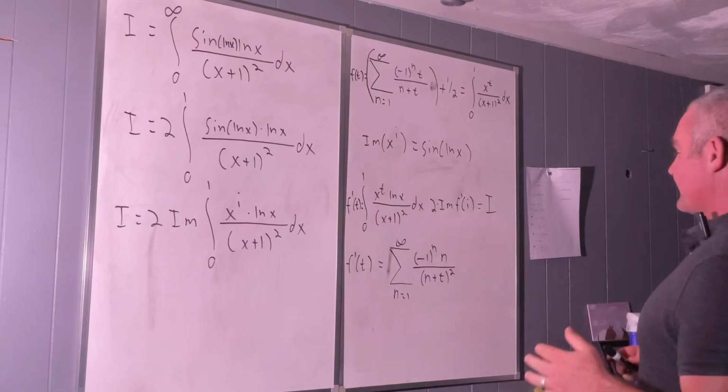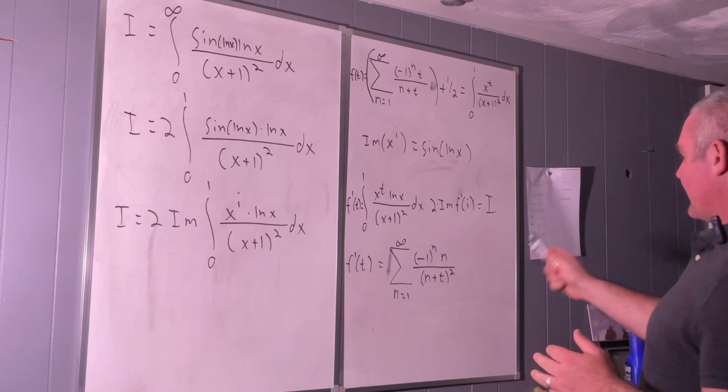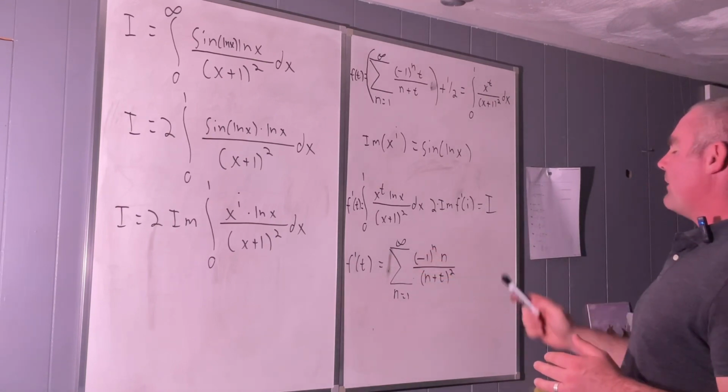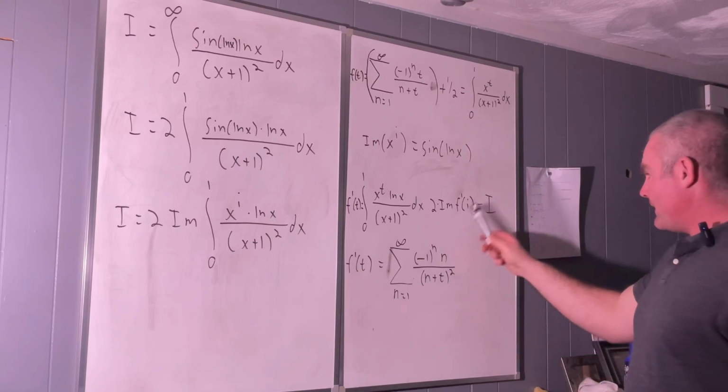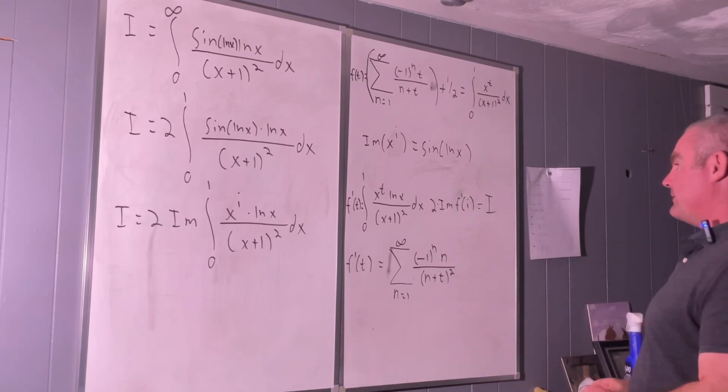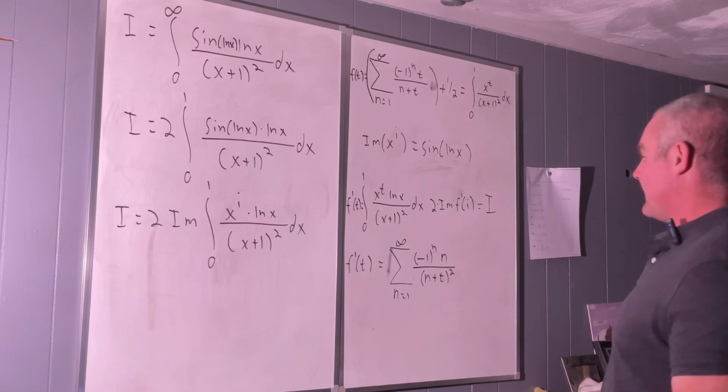Okay, so now let's take the imaginary part of this. Oh, I'm sorry. Let's evaluate it at the point I, take the imaginary part and multiply it by 2. And that will give us our final answer.